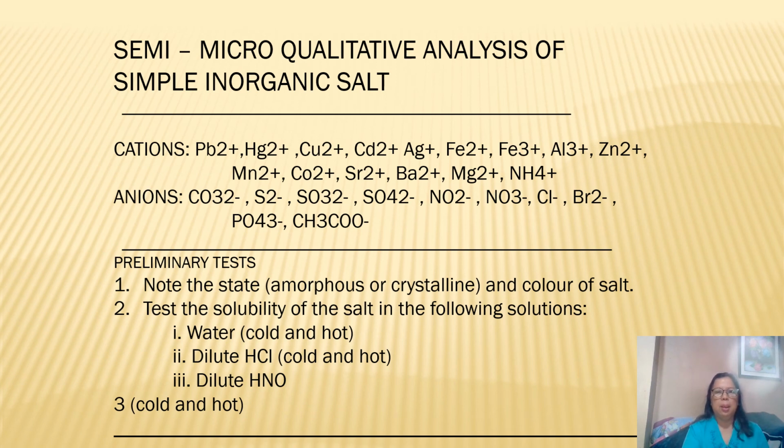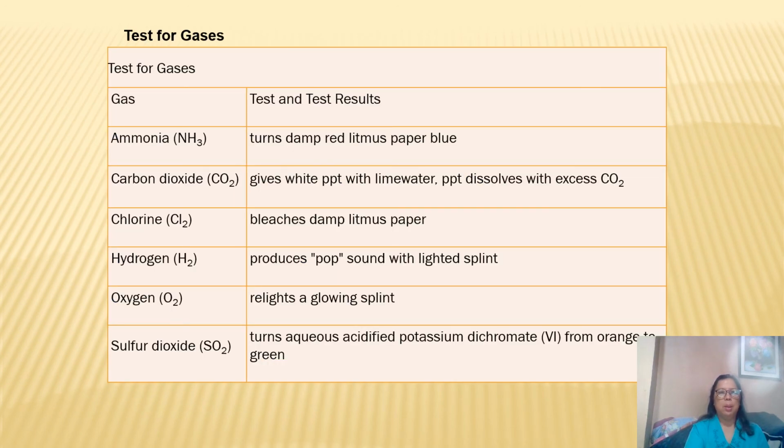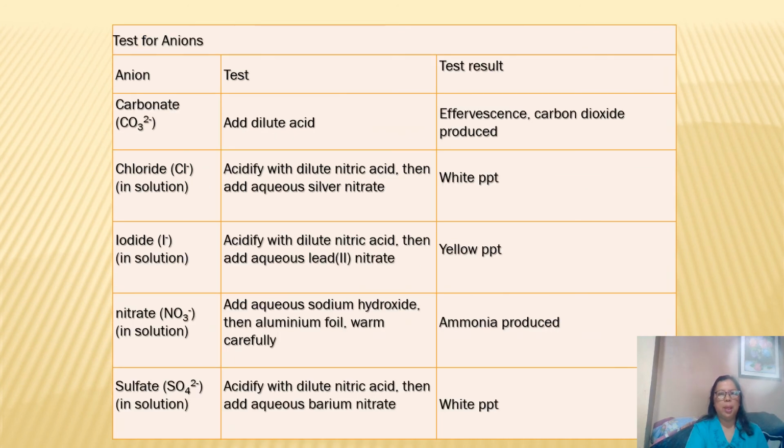And this is just a preview of your tests for simple inorganic salts. Tests for gases include ammonia, carbon dioxide, chlorine, hydrogen, oxygen, and sulfur dioxide. Ammonia will turn red litmus paper blue. So these are just simple examples of different tests.